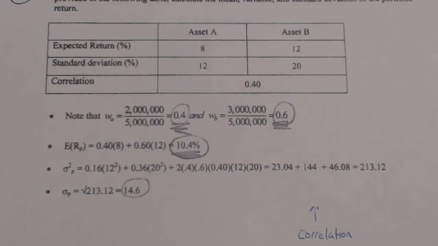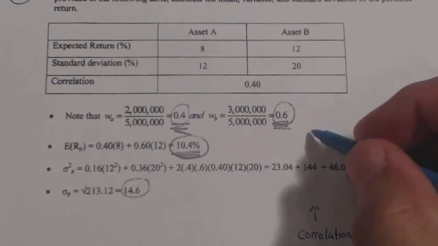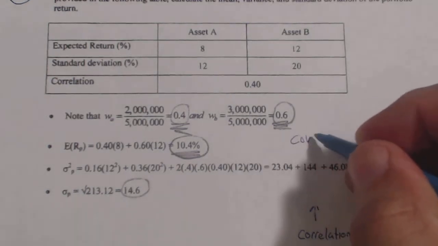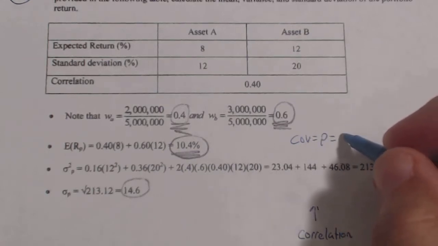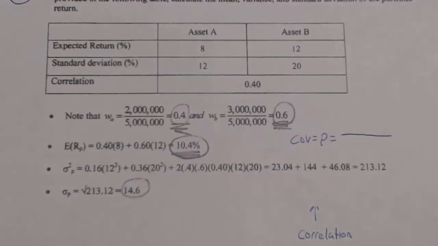And covariance equals P, which equals, let me look this up real quick while we're online here.